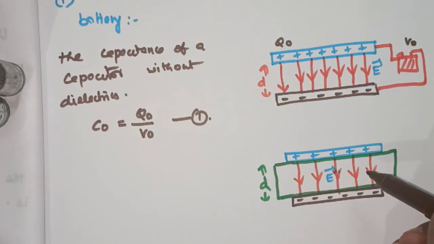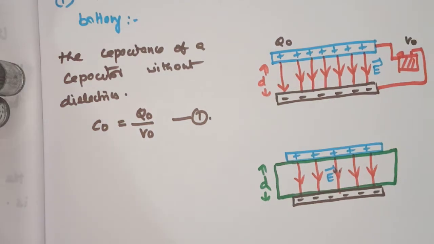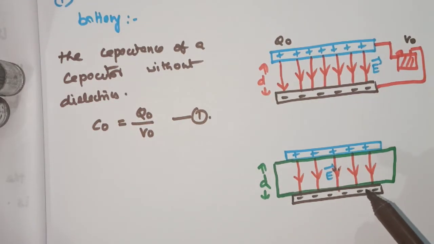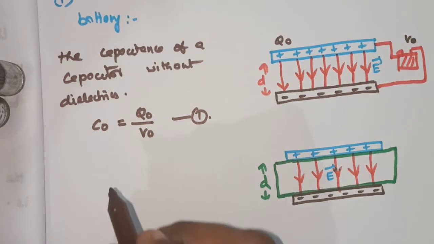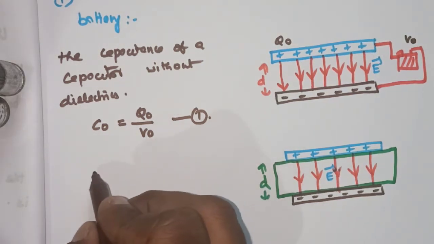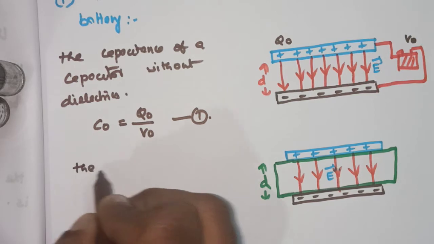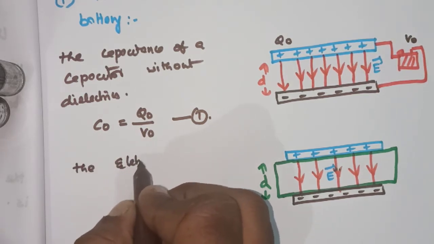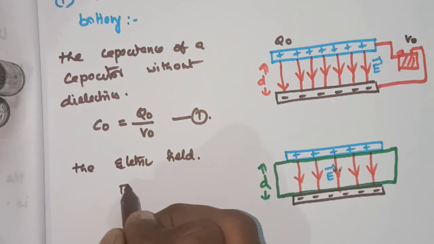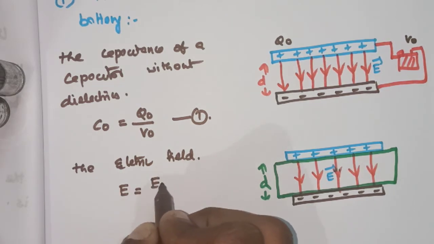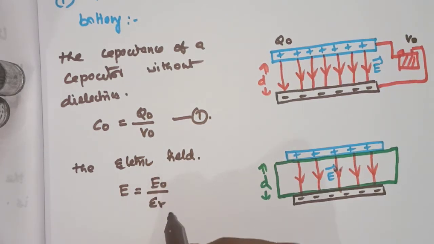The electric field decreases, so we can write the modified electric field E is equal to E0 by epsilon r.